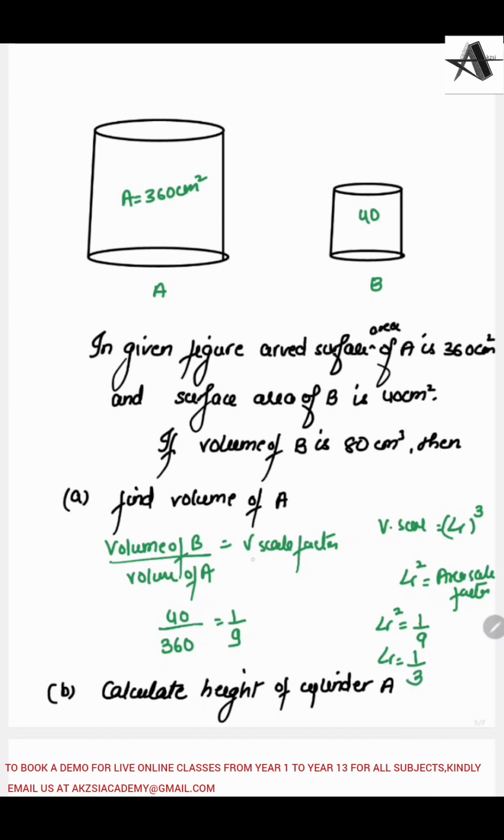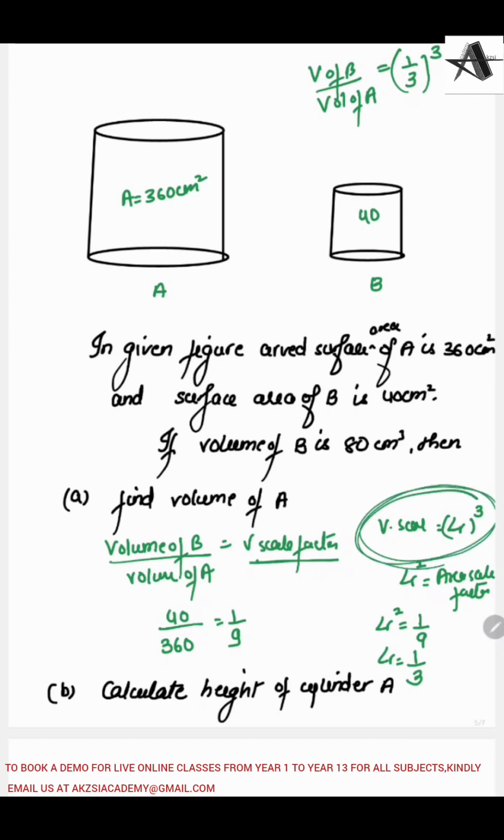So just putting this value right here, I would say volume of B over volume of A is equal to length scale factor whole cubed. Because volume scale factor is what? Length scale factor whole cubed. Putting it here, I get volume of B over volume of A, and volume of B is mentioned as 80.